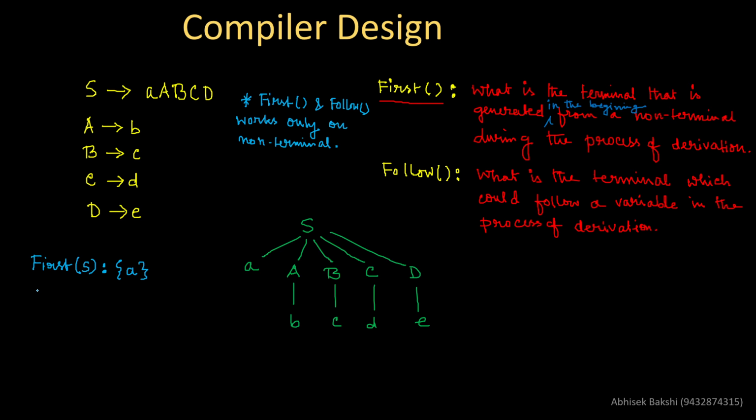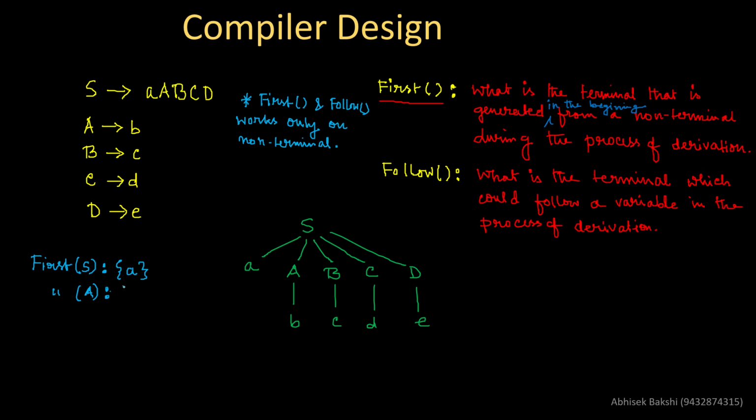For example, in the same way, if I ask what is first of capital A, what will it be? If you start from capital A and you are deriving something, the first character that is generated is B. I know here only B is generated, but that is the first one.